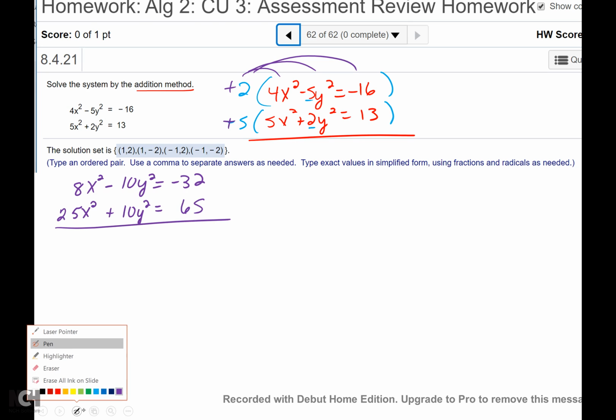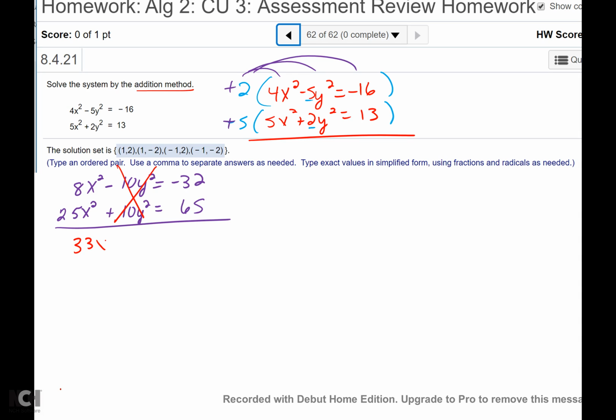And now when I combine like terms, the y squareds cancel. I get 33x squared equals 33. Divide by 33. I get x squared equals 1. Square root, I get x equals plus or minus 1.